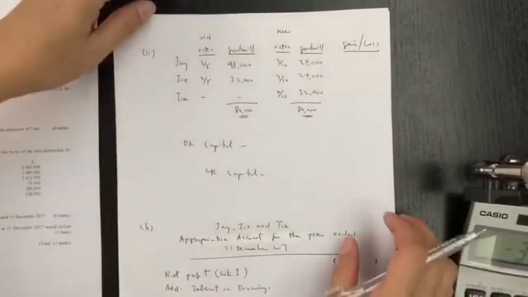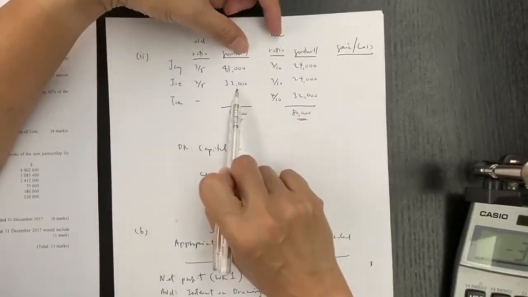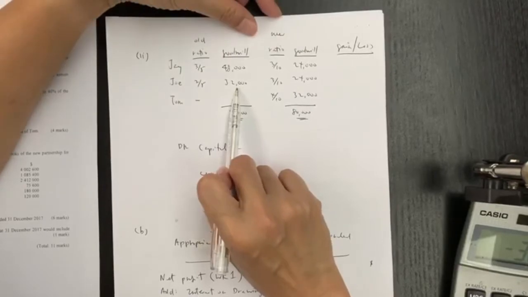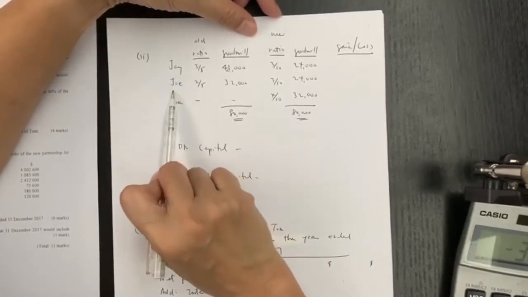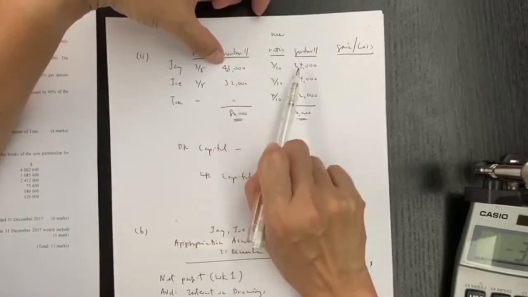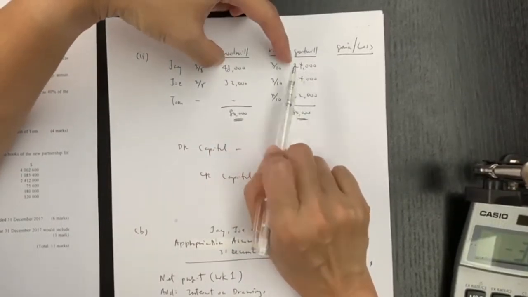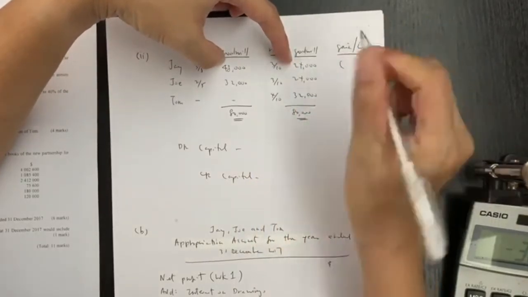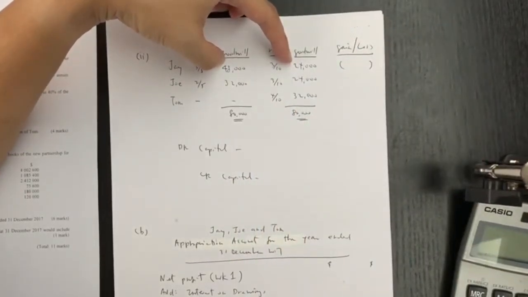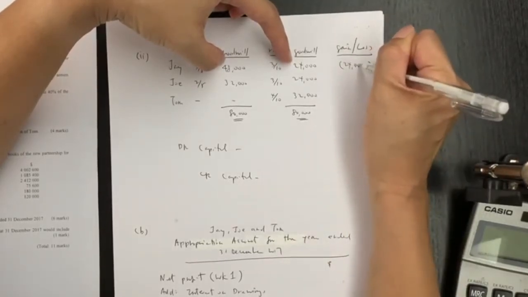Now we come to the adjustment for who gained and who lost. Remember, the ones who established goodwill should always be the old partners. So Jay should get 48,000, but after changing the profit and loss ratio, Jay gets a loss, so I give a bracket here: 48 minus 24, that is 24,000.